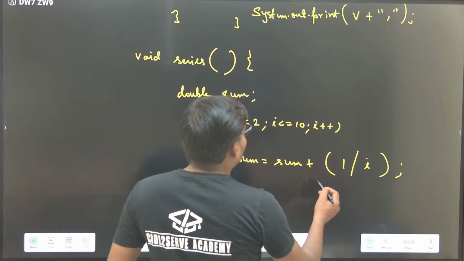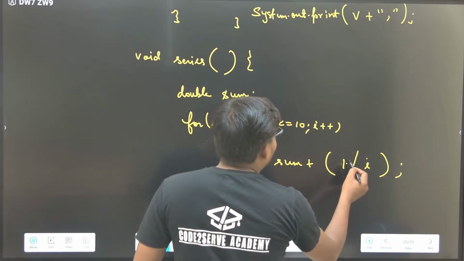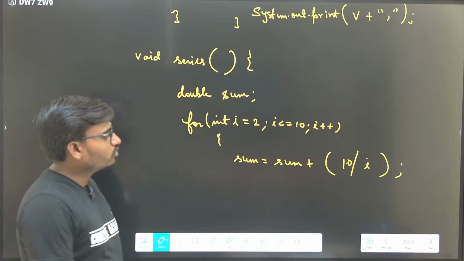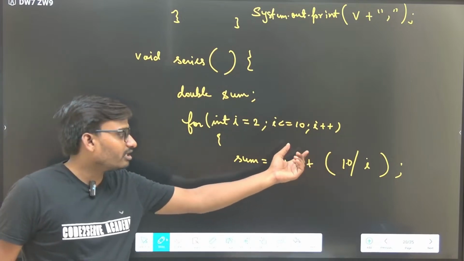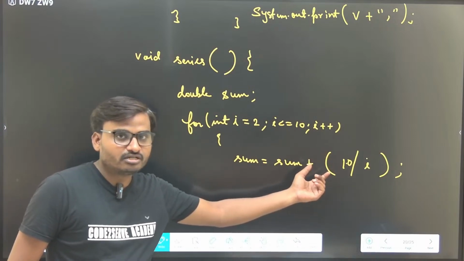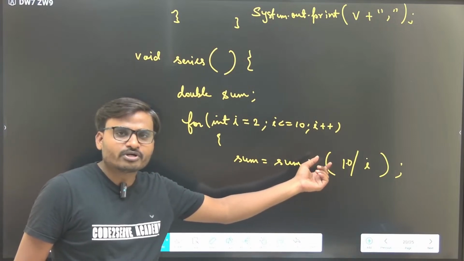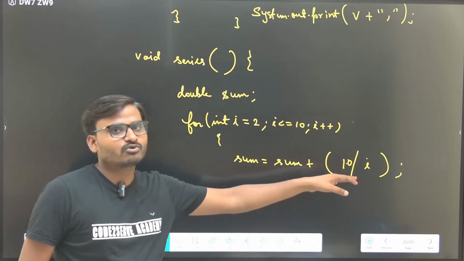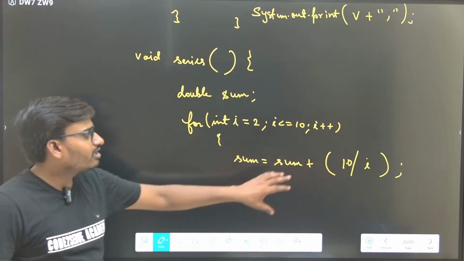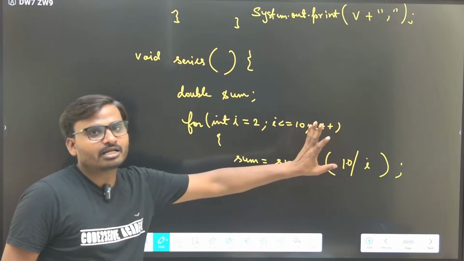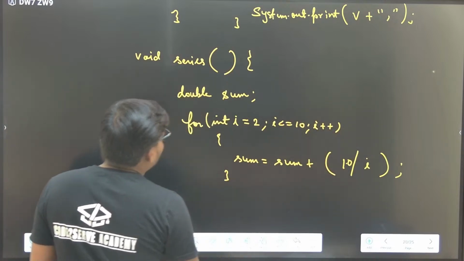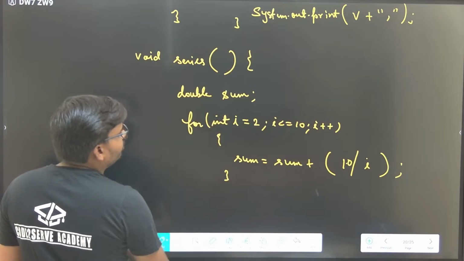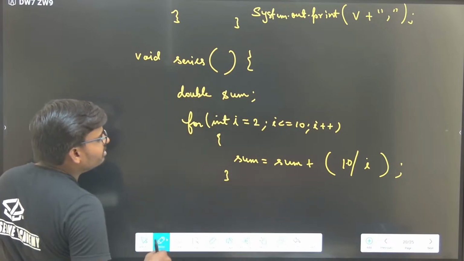So generally when you do some divisions and you need the decimal part also to be included, if in the numerator you are using a constant, apply 1.0 or 2.0, or in the denominator when you are applying some constant, apply like that. So it will be basically a double type division. Okay. Now once the loop is over, you will have the sum inside the sum variable.